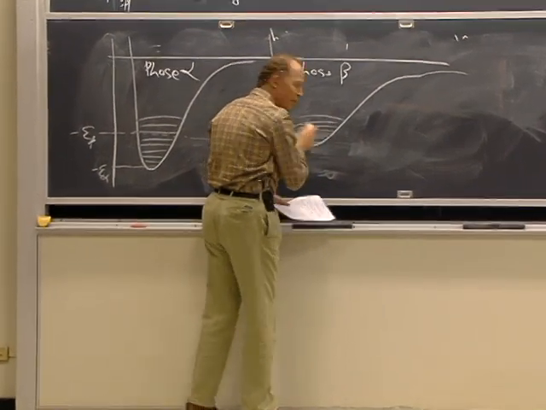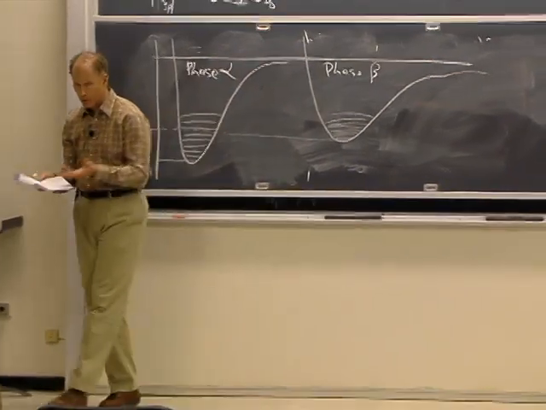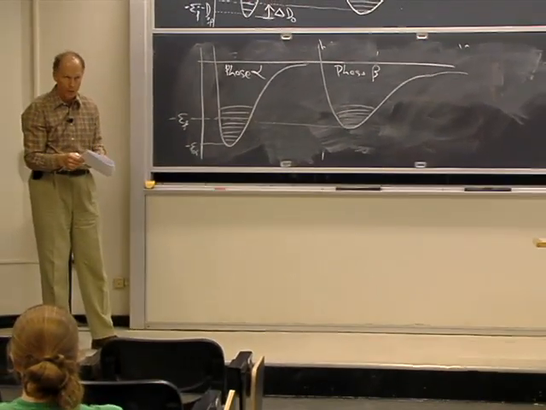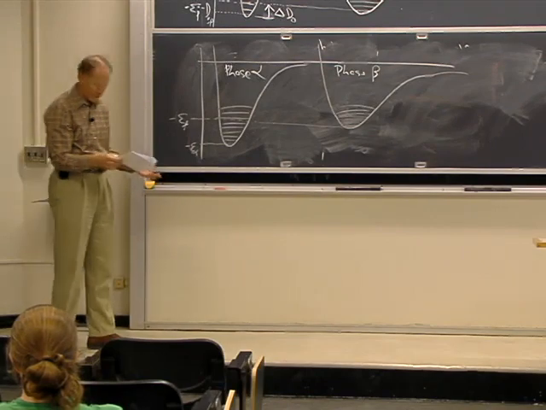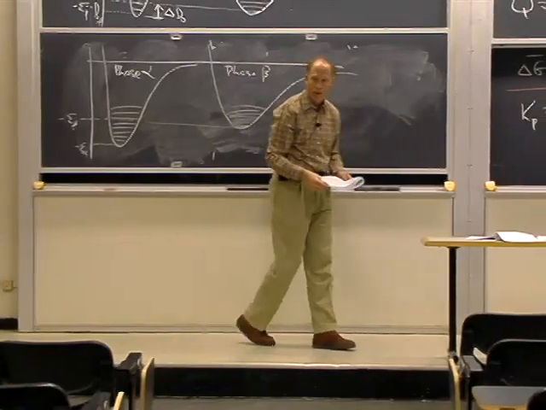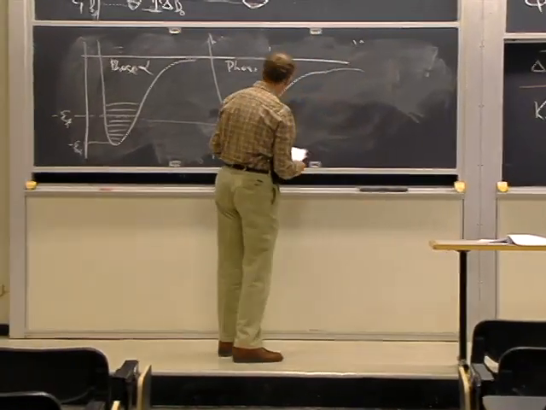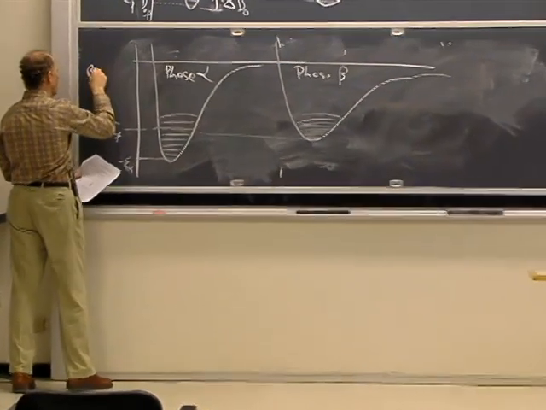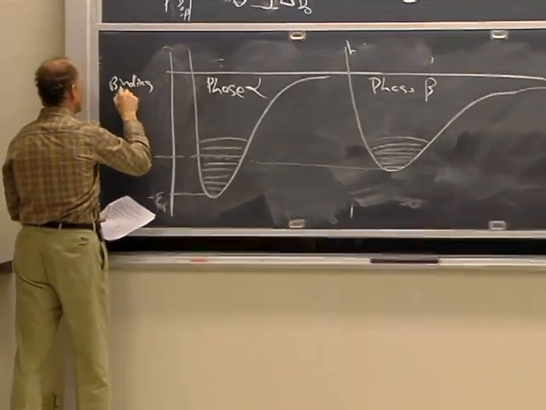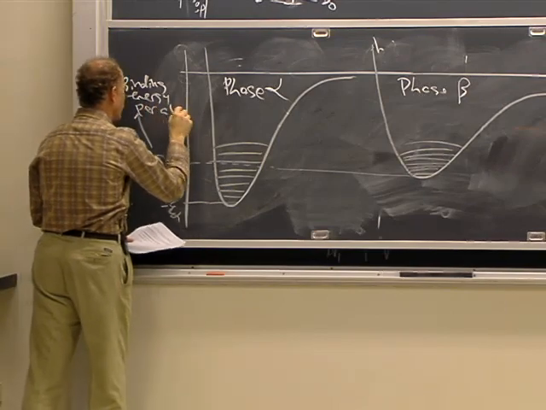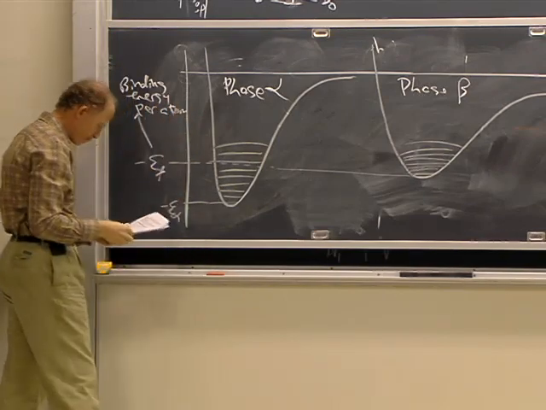That's typically the case. You have a phase transition from one crystal to another, and the lattice vibrational frequencies aren't the same anymore. Speed of sound is different. Things are different. That's the only thing that's different. So these are binding energies per atom.